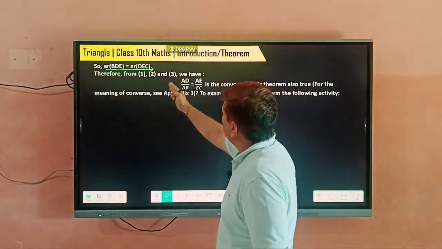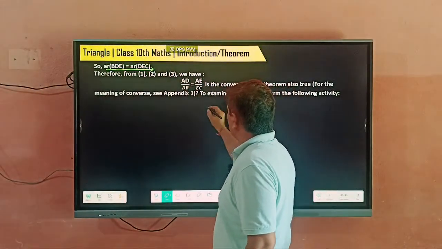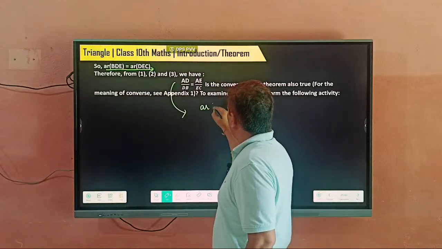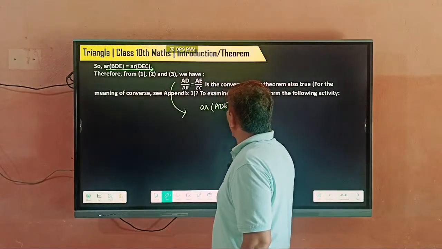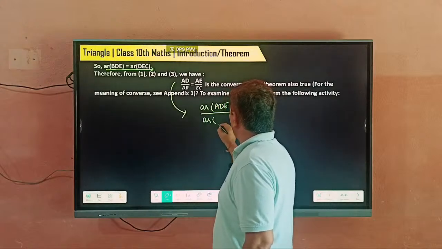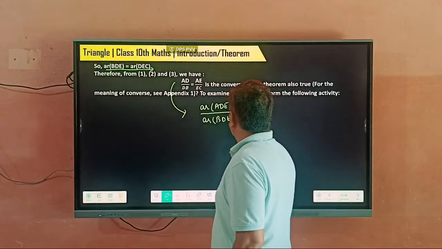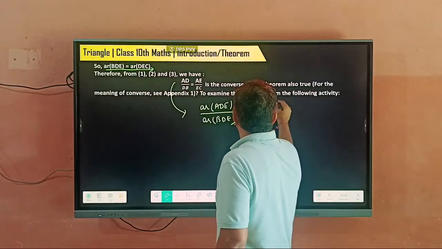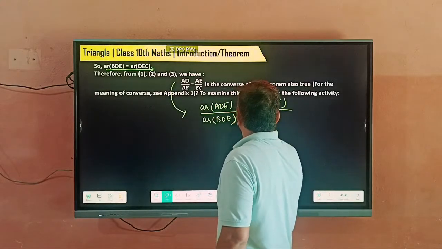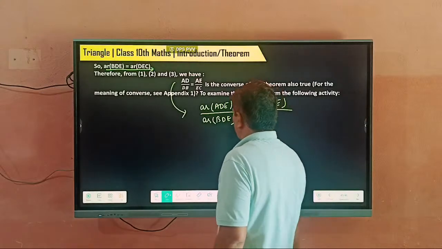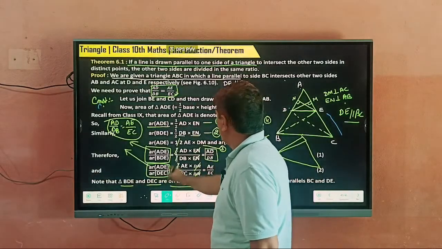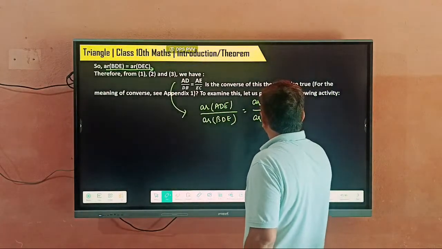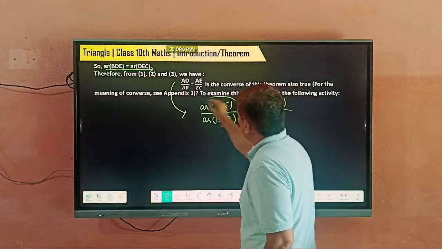So what can you say by first, second and third? Area of triangle ADE by area of triangle BDE is equal to area of triangle ADE by area of triangle DEC.